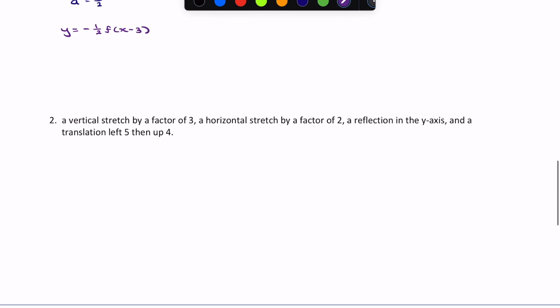And here, the second example says a vertical stretch by a factor of 3. That means a is equal to 3. Horizontal stretch by a factor of 2. It means our k value will be equal to 1 over 2.